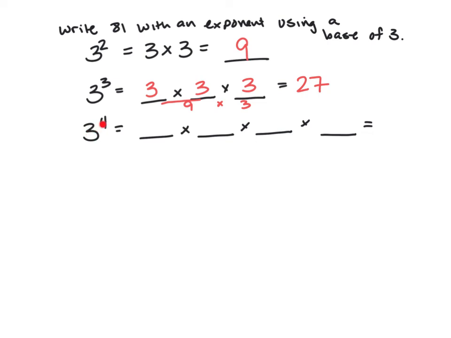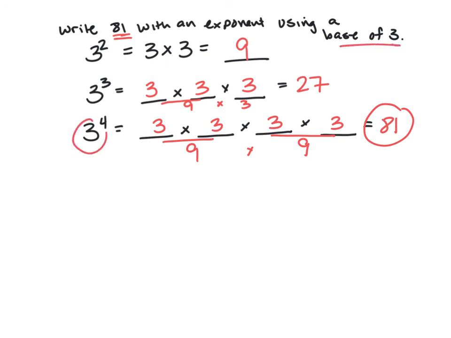This one is 3 to the fourth power, or 3 multiplied by itself 4 times over. Write it out. I just tell my students, write it all out, then do the multiplication. 3 times 3 is 9, 3 times 3 is 9, and 9 times 9 is 81. Well, there it is. We hit the 81 they wanted. How many exponents did it take to get there? The base of 3 is here. It took 4 exponents. So 3 to the fourth is what will get me to 81.